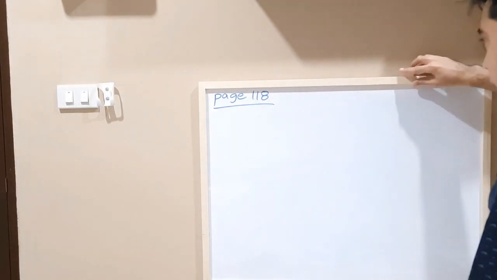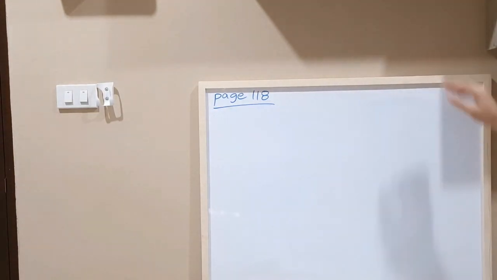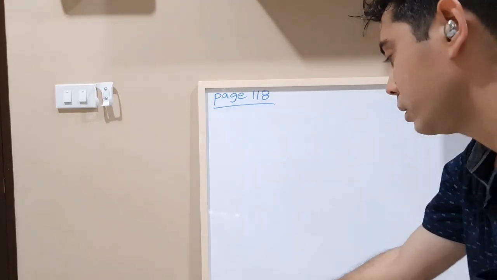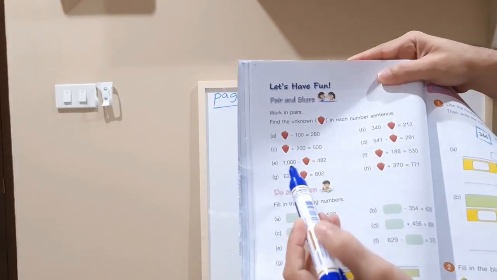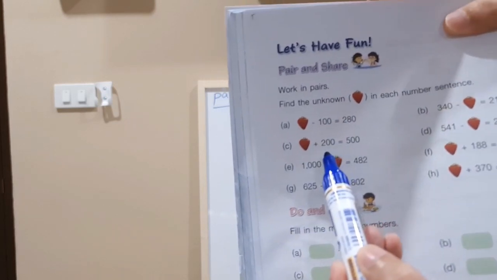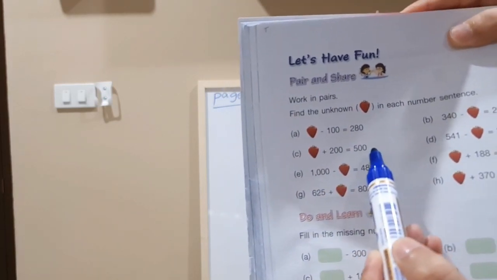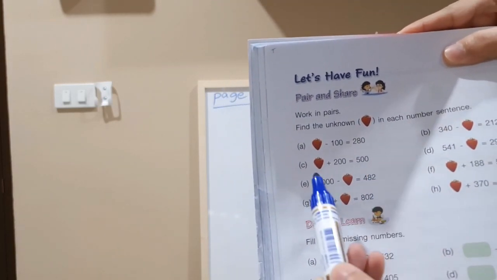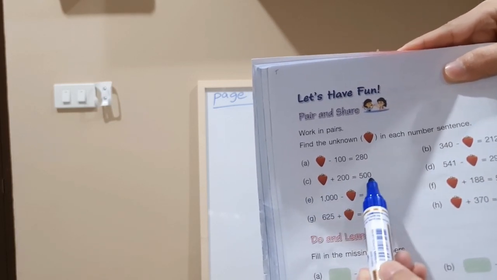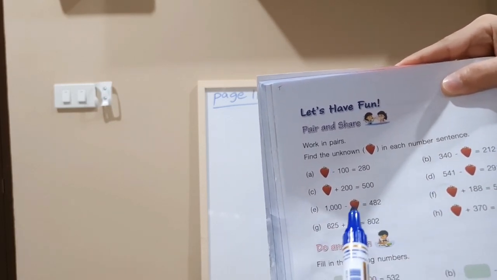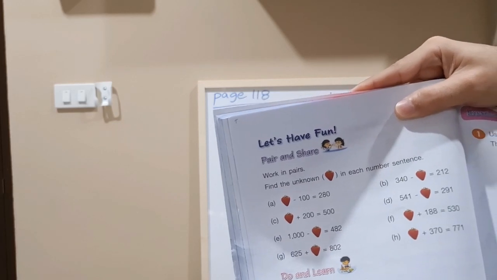Now letter C. Okay, letter C. Strawberry plus 200 will give you 500. So if you add these two numbers, it will be 500. Let us try adding mentally.